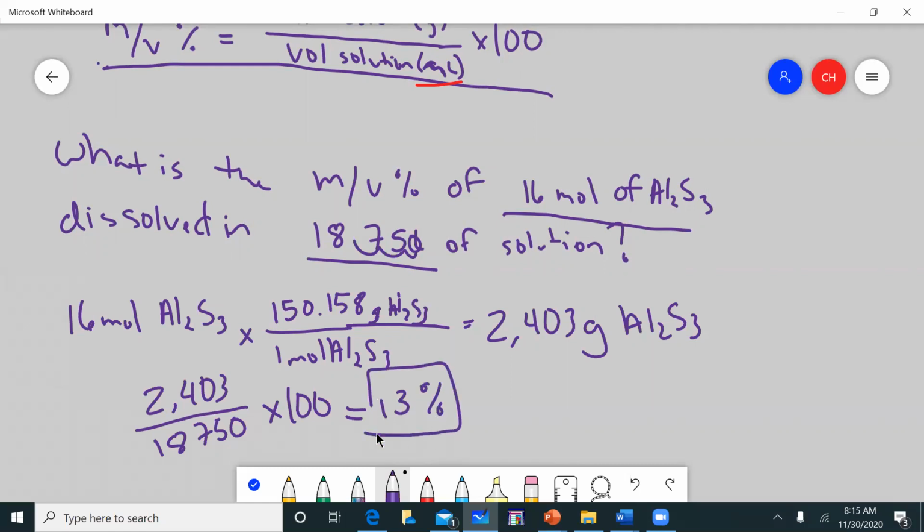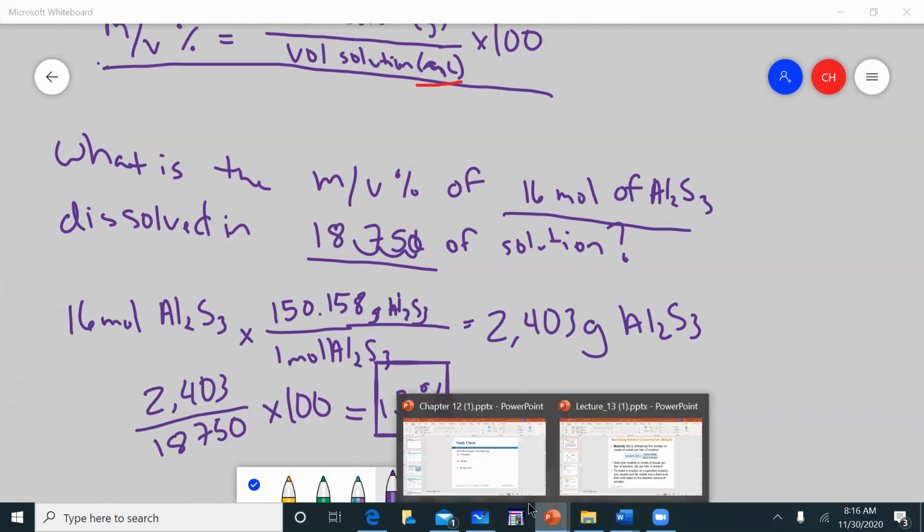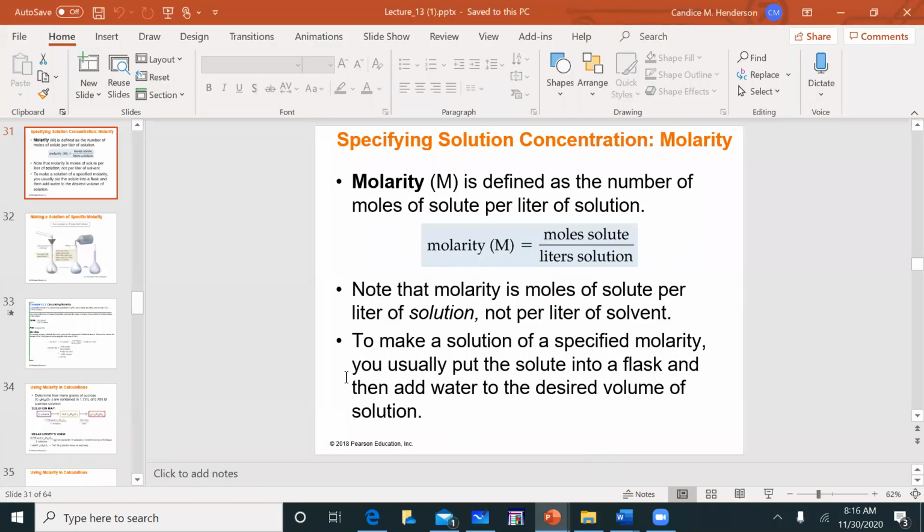The mass volume percent would be 13. Any questions on that? Anything not matching up? All right, let's move on.